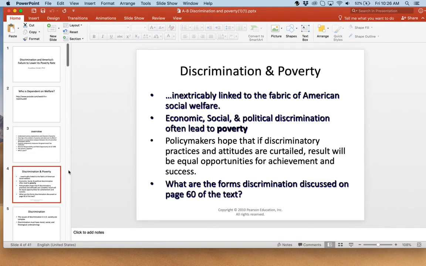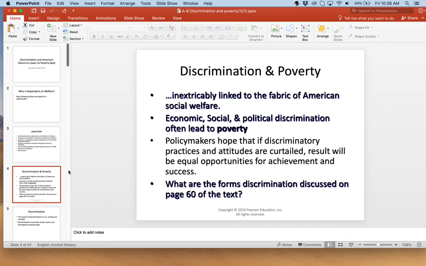So basically the overall thesis of the chapter is that discrimination and poverty are two things that are inextricably linked to the African American social welfare. In other words, the authors of the book are saying, well, yes, we have poverty, but there's some intersection between poverty and discrimination. The second point is that economic, social, and political discrimination often lead to poverty.